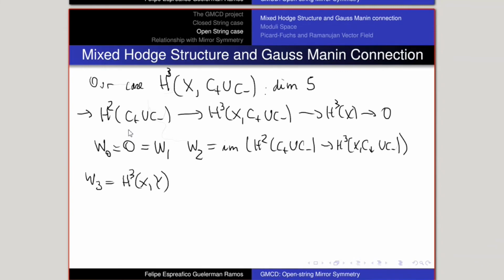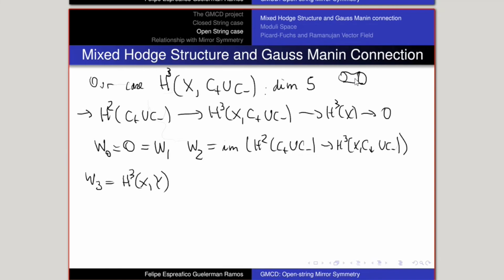So the two curves here, the two generators, will be sent to the same one-dimensional space. The idea is that we have the 4 cycles coming from here, so the four elements in the basis of H^3 of X, plus an extra element which comes from this homology connecting the two curves, right?